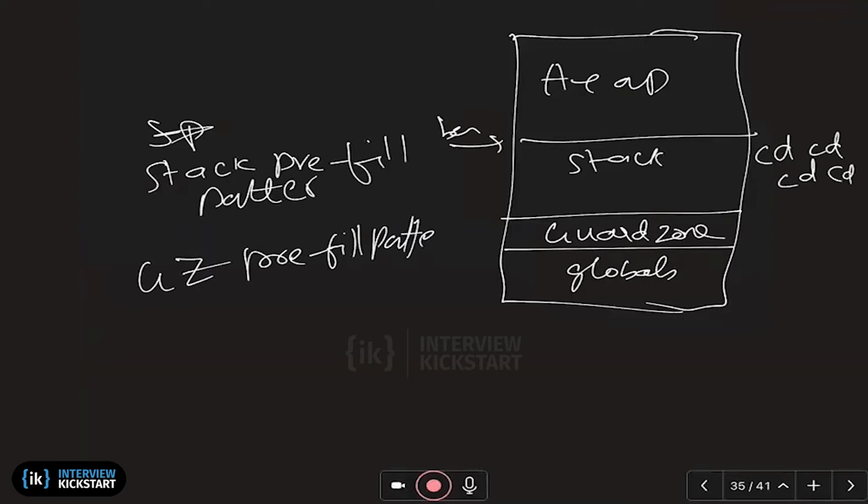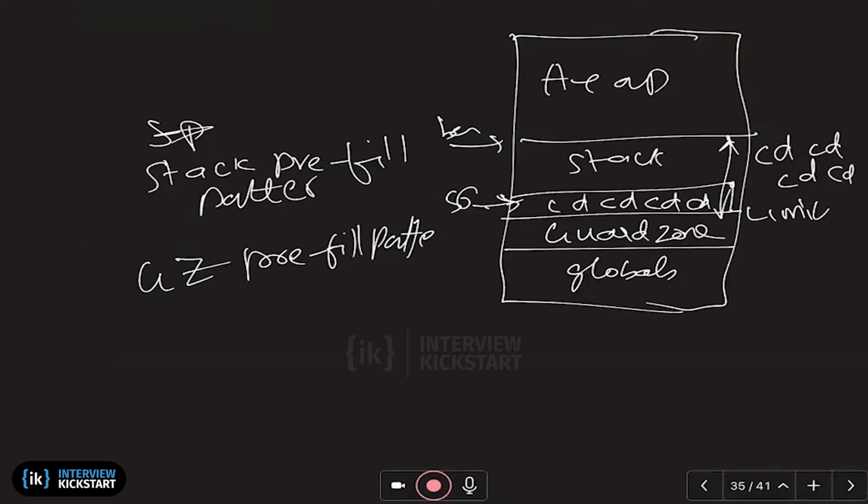Now, even without the GodZone, given a stack pointer, by scanning this memory you can say how much stack you have configured, here is the limit. If the stack pointer never grew up to the limit, these areas are untouched, so they will still have this pattern. By reverse scanning from the limit and looking for this pre-fill pattern, you will know how much stack size you have used in this execution run.